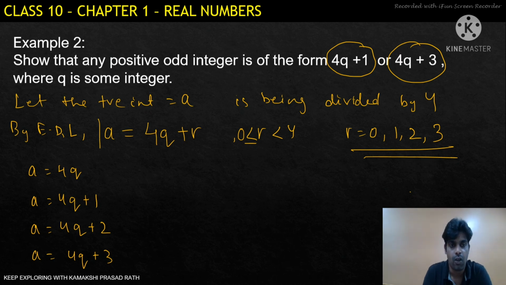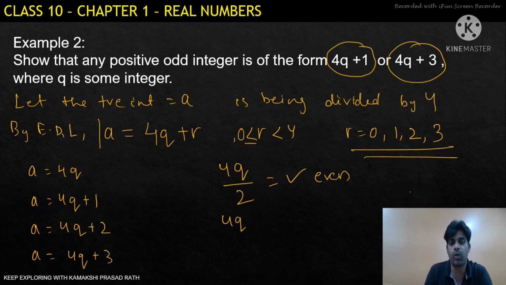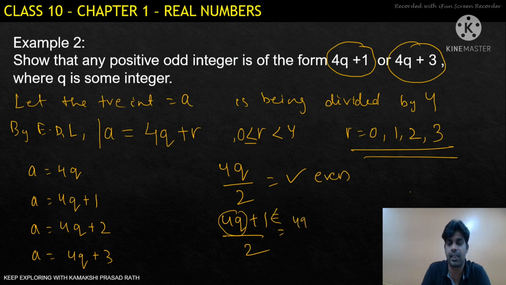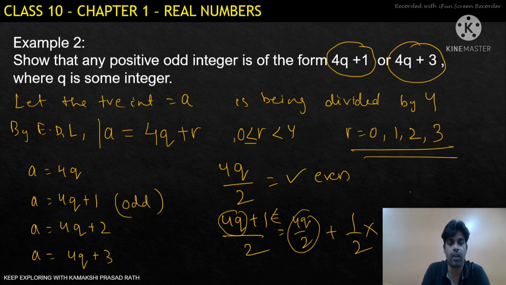First, 4q. We have seen 4q is divisible by 2, so it is even. Next, 4q plus 1 divided by 2: 4q will be divisible by 2, but the 1 will not be divisible by 2. As you can see, 4q is divisible by 2, plus 1 is not divisible by 2. So this one is considered odd.